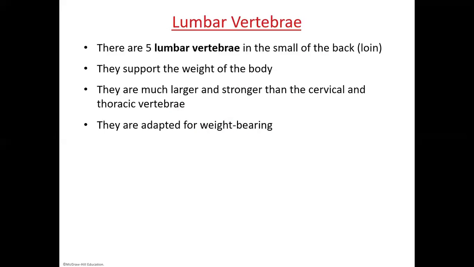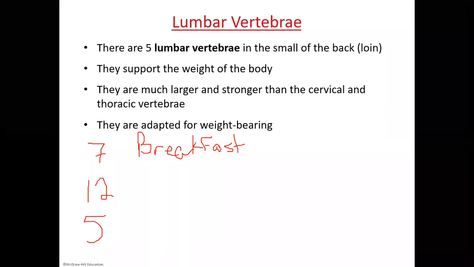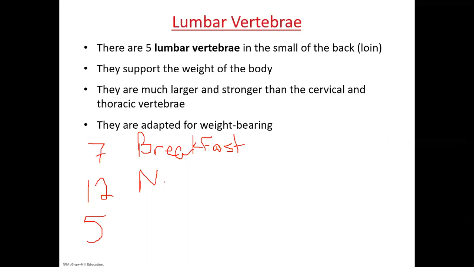So let me grab a pen here. There's a mnemonic device for you to remember. It's 7, 12, and 5. Think about these as the times of the day when you eat. 7 o'clock is when, if you're not at high school, you would normally eat breakfast. And 12 o'clock is, whoops, that's noon.